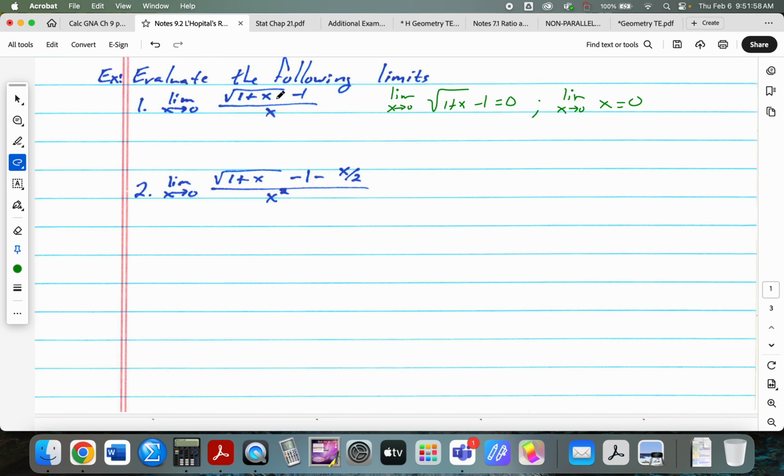So what we'll do is we'll take the derivative of the numerator and the derivative of the denominator and try the limit again. So this would be the limit as x goes to 0 of 1/2 times (1 plus x) to the negative 1/2, over 1. Now, the limit as x goes to 0 of the numerator is going to be 1 to the negative 1/2, which is 1, times 1/2 is 1/2, divided by 1 is still 1/2.